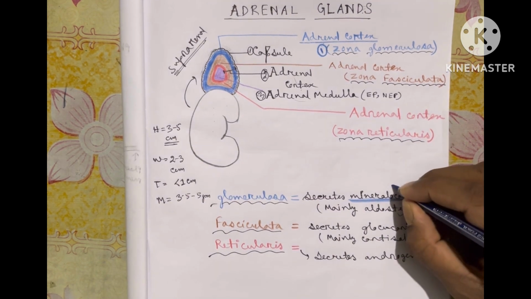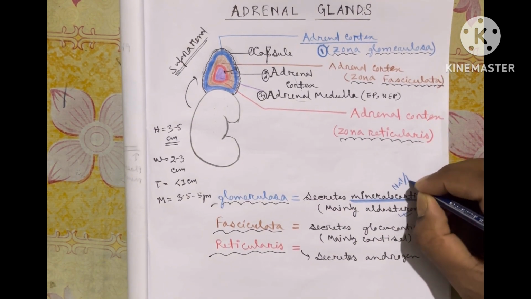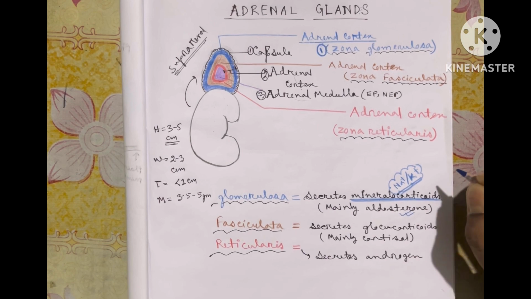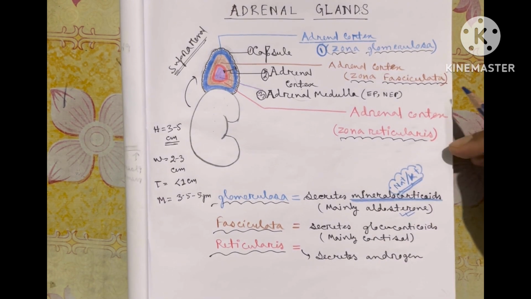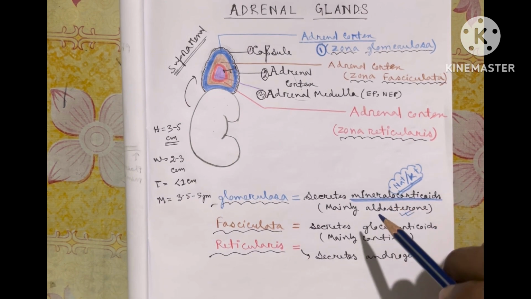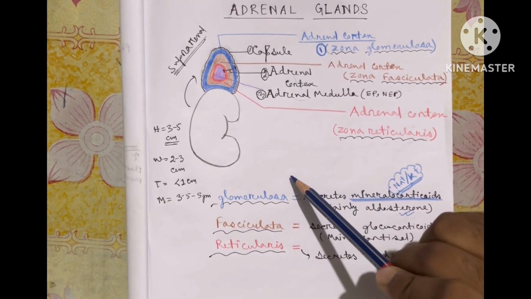So these two ions will become imbalanced if the zona glomerulosa cells are not present in the adrenal gland.